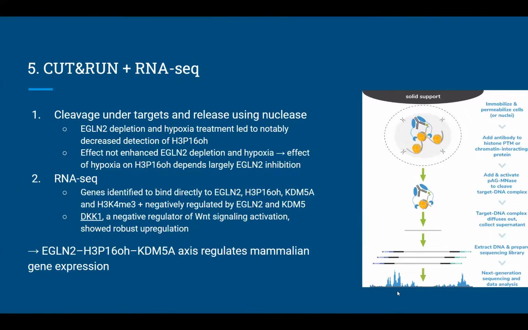So for all of those genes, they're all novel? No one's ever found them before? They are known genes, but they're not known to interact specifically with hydroxylated H3 at proline 16, because obviously no one ever found that the proline 16 residue could be hydroxylated.